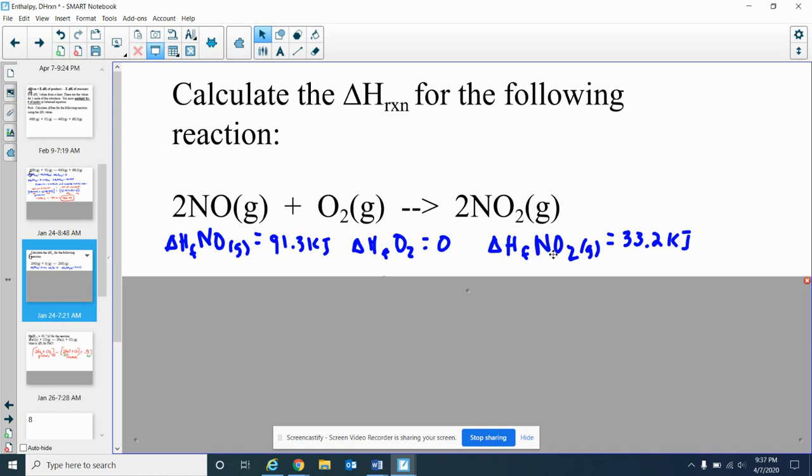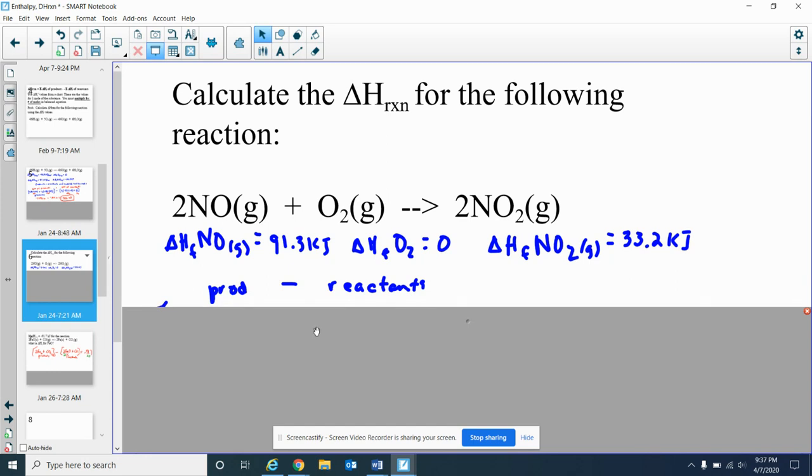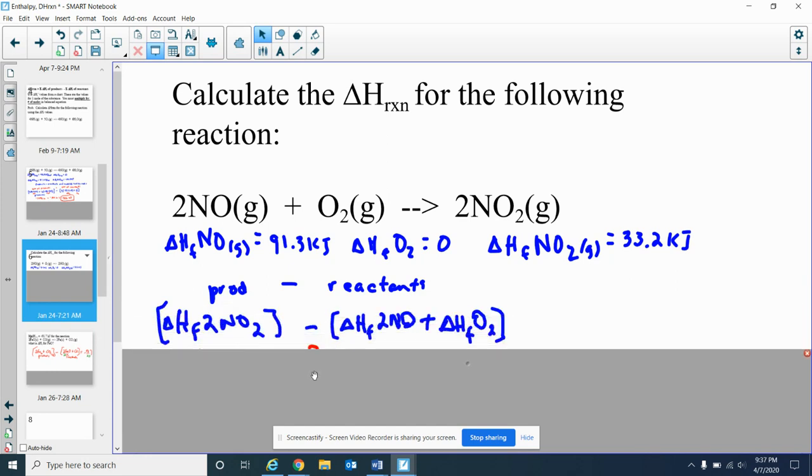And then the heat of formation value for NO2 gas is 33.2 kilojoules. Again, I need to flip that because I'm doing products minus reactants. So I need 2 times the value of NO2 minus the sum of 2 times the value of NO plus O2, but again, O2 is 0.